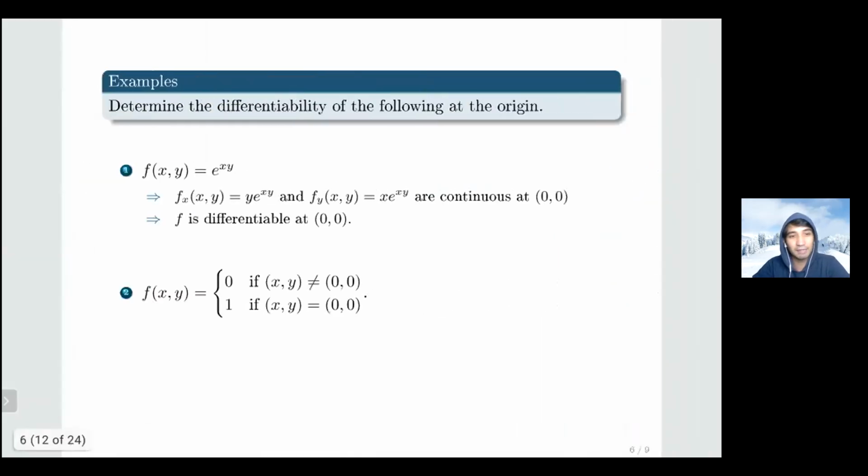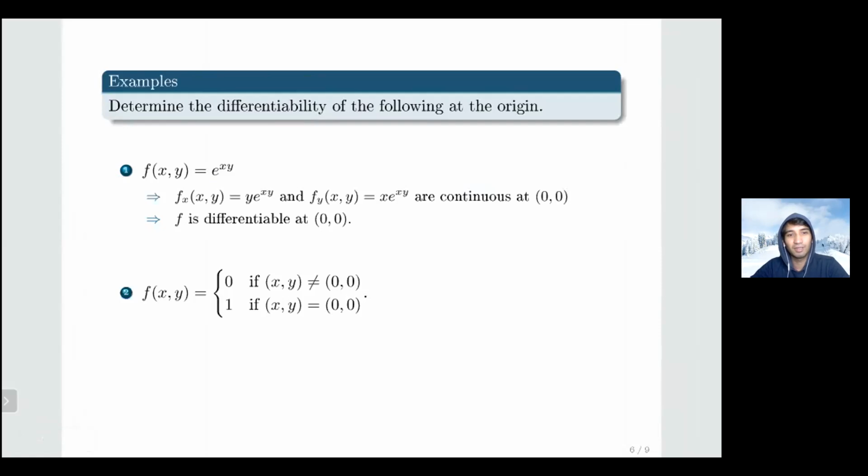As another example, halimbawa, pag tingnan natin itong piecewise function, it is 0 sa lahat ng point not equal to the origin. Okay, pero pagdating mo sa origin, yung value mo ay 1. So kung isipin nyo yung graph niyan, parang yung flat plane, pero sa origin, nakaangat yung isang point na yung z value niya dun ay equal to 1.